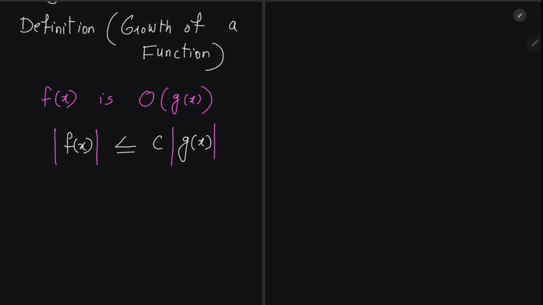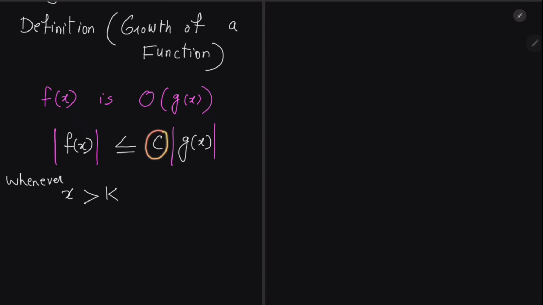But remember one thing, when you compare two functions, the first function is not smaller than g of x from the start. There should be some domain value where x is greater than k. So we write whenever x is greater than k, in that case this definition holds. So in this definition, we require two things to find.